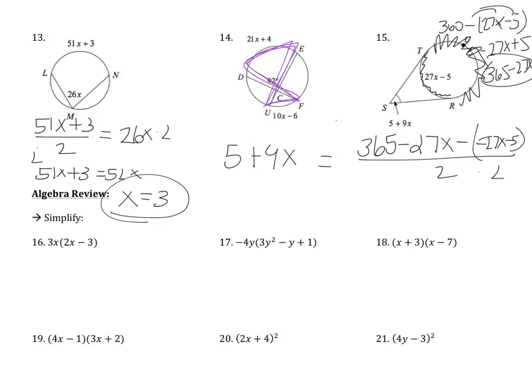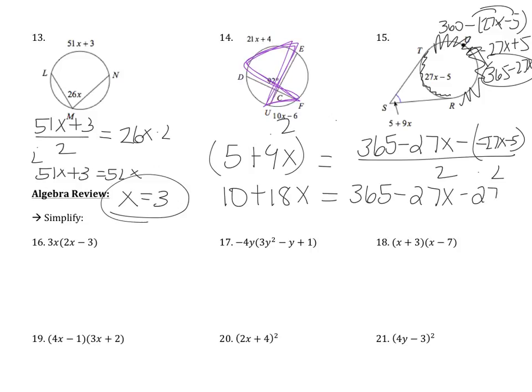So I'm going to multiply by 2 on both sides, and I have to distribute it to all of that. So I have 10 plus 18x equals 365 minus 27x minus 27x plus 5. So I'm now going to clean up. 10 plus 18x equals 370 minus 54x.